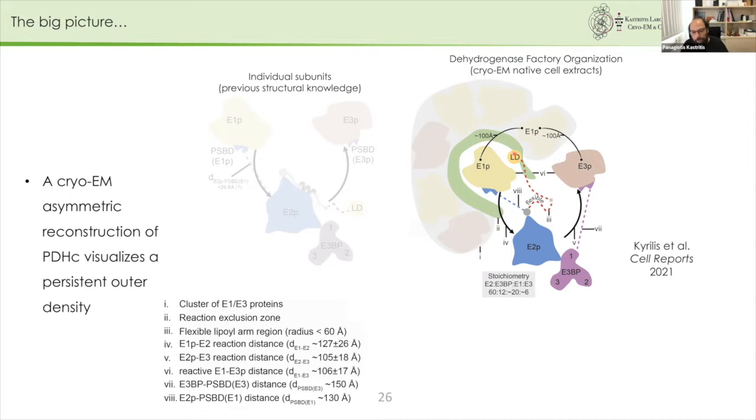And overall, we could understand this reaction structurally.